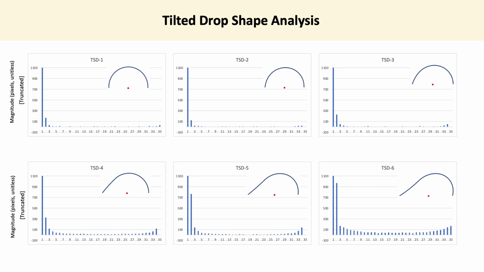If we zoom in a bit by truncating the graphs, we see that as the shape tilts more and more to the right, you see an increasing activation of these bins from 2 all the way to 35. The more it leans, the higher these bins are.